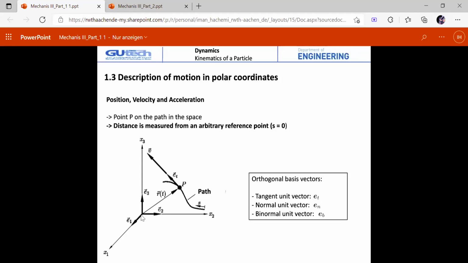Now from the origin of the Cartesian coordinate system, we have what we call the position vector R, which has components in x2 and x3.